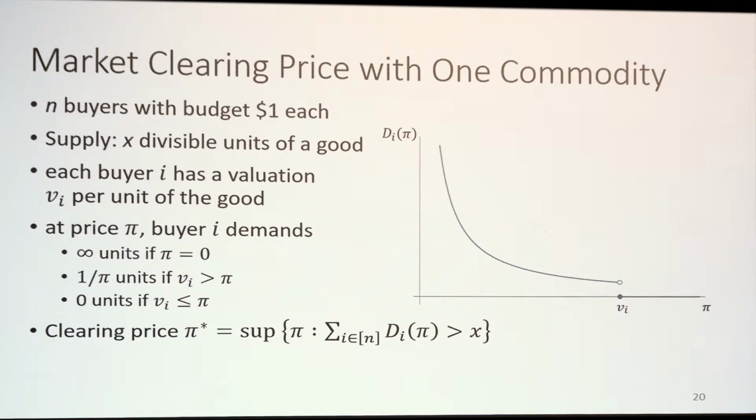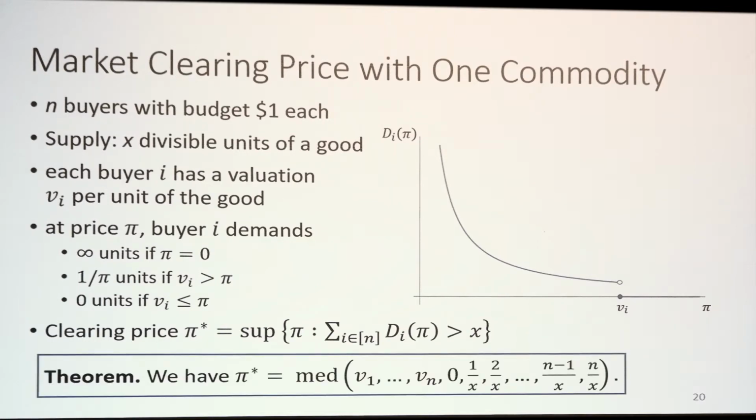And what we show is that there's this really cool connection between the market clearing price in this market and these phantom mechanisms, because the market clearing price in this market is actually equal to the median of the n voter valuations, V1 through Vn, and n plus 1 additional numbers, which we can think of as phantoms, uniformly placed between 0 and n over x.